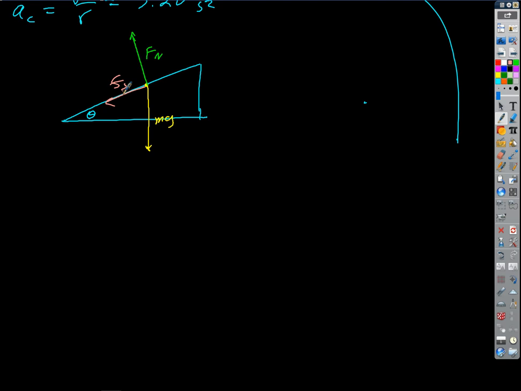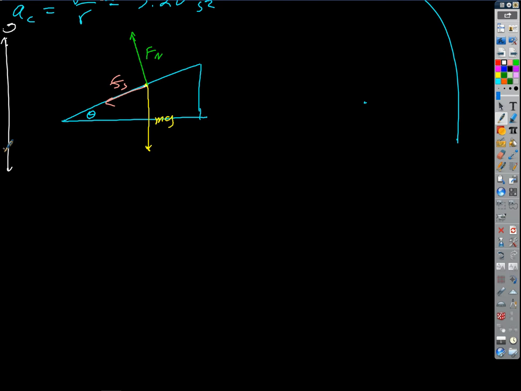What does one of our components have to be if we're in uniform circular motion? It's got to be centripetal, right? And so if this is the axis of revolution right here, well then the centripetal force has to be perpendicular to the line connecting the point to the axis of revolution, and the centripetal force is acting directly towards the center of the circle.